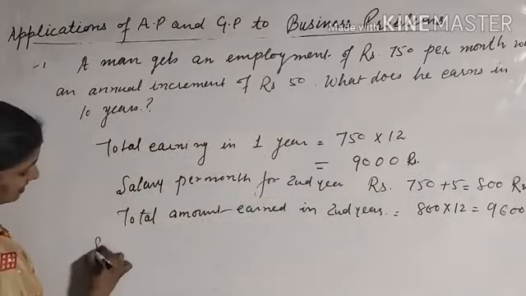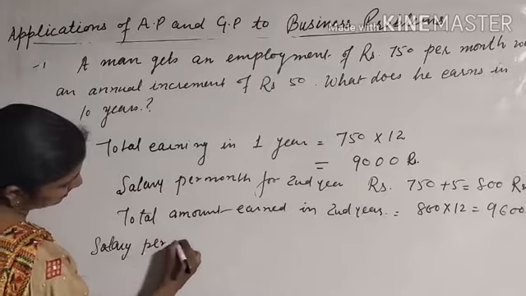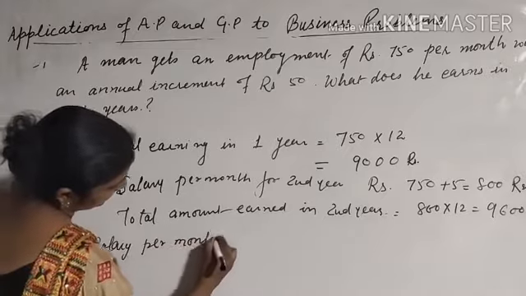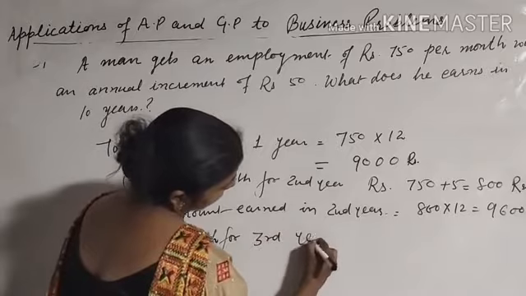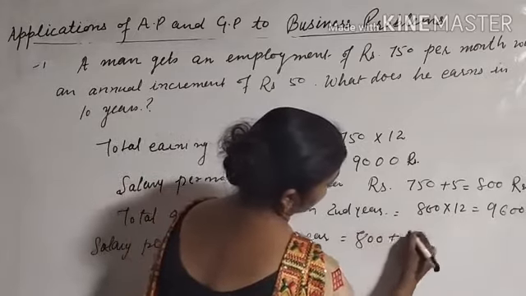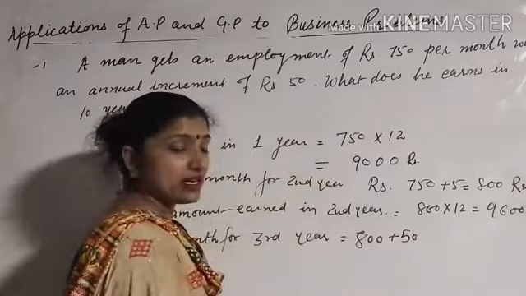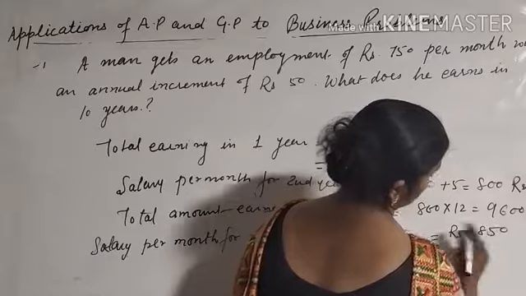The salary per month for the third year is 800 plus again rupees 50 increment. So this is rupees 850.